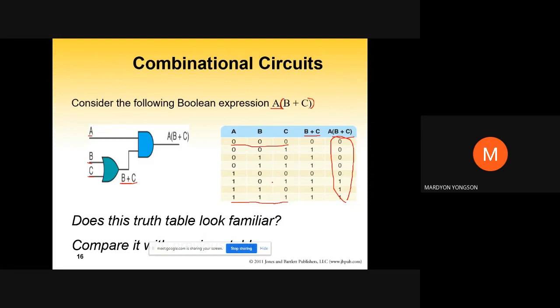And then dito we have na 1, kasi 1 times 1, we have 1. And then for the next, we have another 1 times 1, kasi di ba B plus C is 1 and then A dito is 1. So 1 pa din. And same din dito sa last na 1 1 1. Since B plus C equals 1, then times 1, we have this 1.